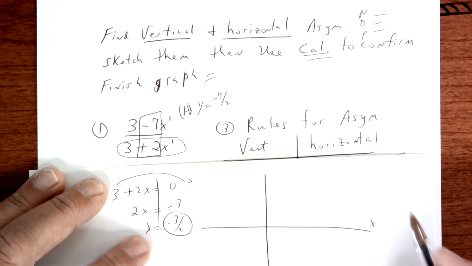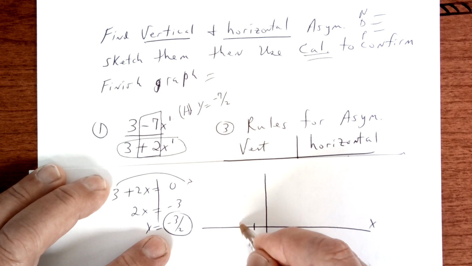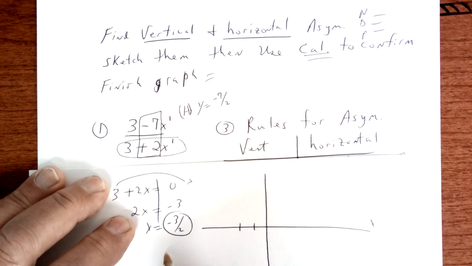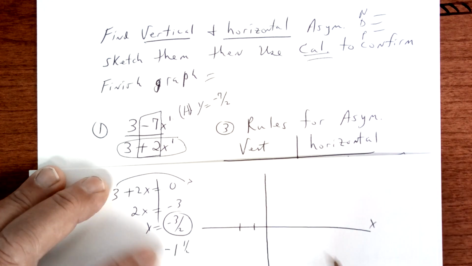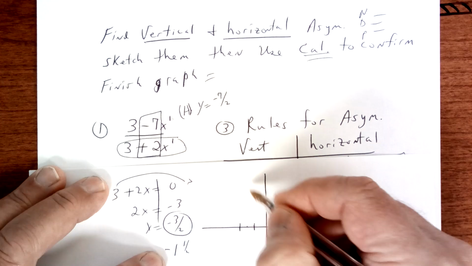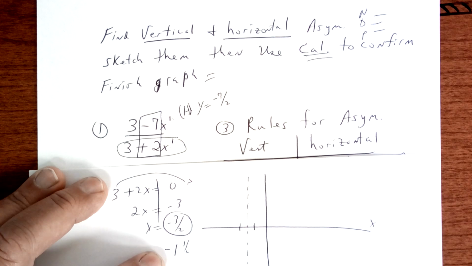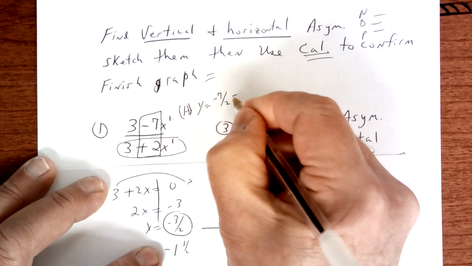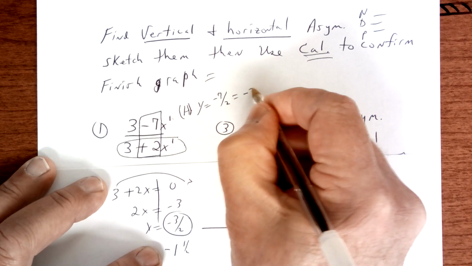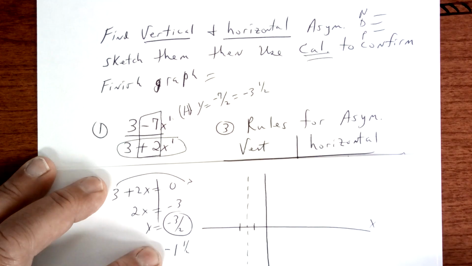So you're going to go a -1.5. So negative 1.5 is here. So your vertical asymptote looks like that. Your horizontal asymptote was negative 2 goes into 7 3 times and a half. So negative 3, so 1, 2, 3.5 is here. Make this one a little darker.